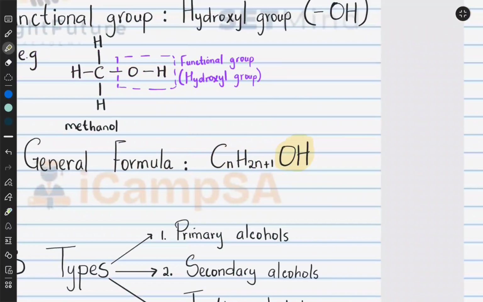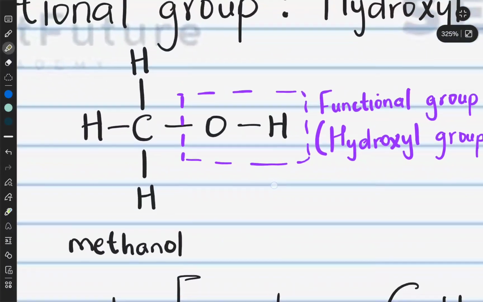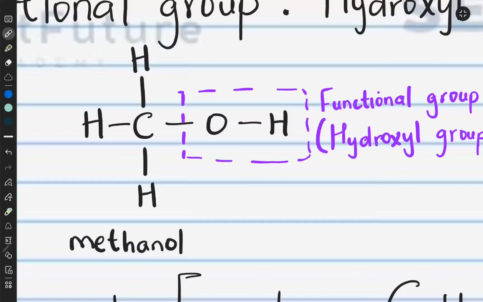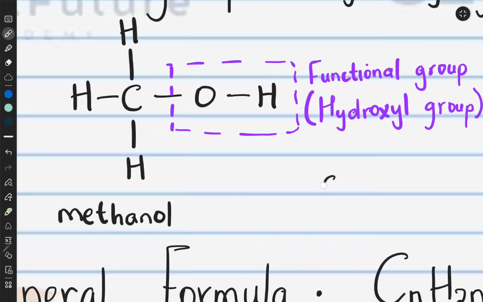If you remember, before this could become methanol, when we're dealing with alkanes, this was going to be like this, which is methane. But now it's methanol, which means we replaced this hydrogen atom with a hydroxyl group, OH.